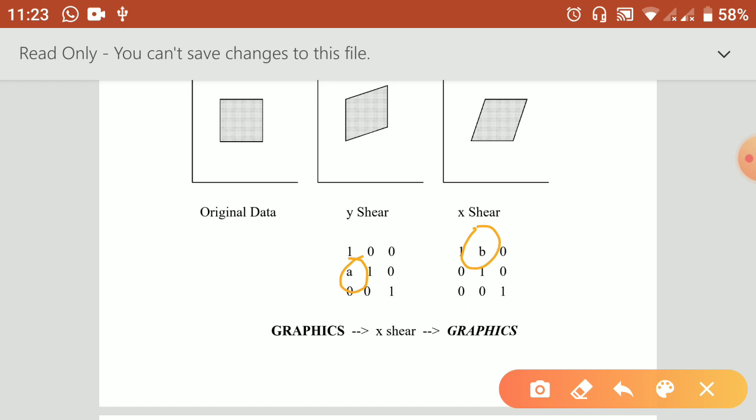For example, we have seen in the slide shearing with a 0.5 value, then a will be 0.5. If it is tilting or dragging in the x direction with a 0.5 factor, then b's value will be 0.5 in the matrix. Then we multiply this matrix with all four coordinates to get the resultant object.